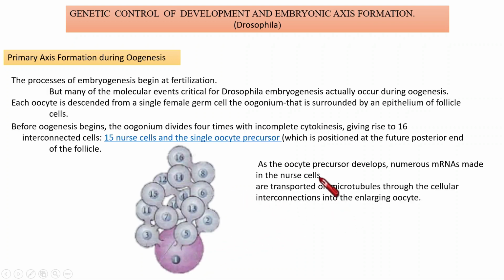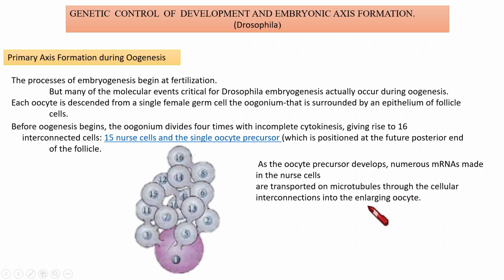As the oocyte precursor develops, numerous mRNAs are made in the nurse cells, as we will see in the coming slides. Many mRNAs are forming inside these nurse cells, and they are transported through the microtubules. Microtubules, we know, are a cytoskeleton inside the cell, and they act as a track for the transportation of these mRNAs. Where are they transported?